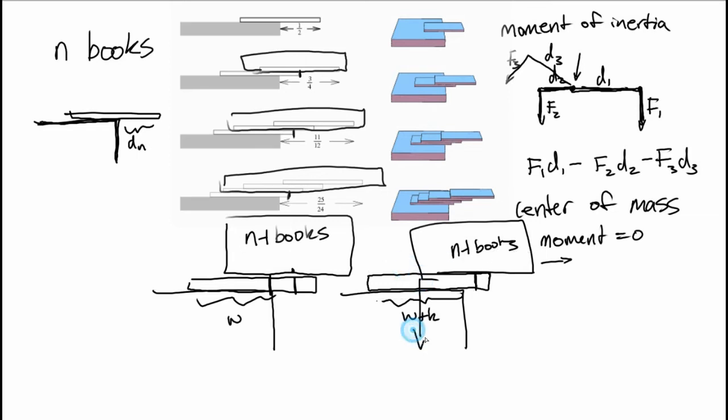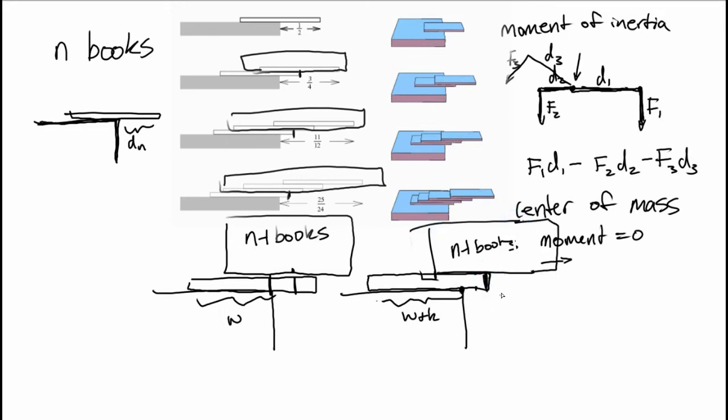So the moment of inertia, the force has increased, and the distance has increased on this side of the edge of the table, because w plus k is the force, and the distance has increased because we shifted the book to the left. Which means that we can also increase the moment of inertia on the right. So we can shift n-1 books to the right and increase the moment of inertia and balance it out so that the center of gravity is on this. So we can actually shift it this way so that the center of gravity is like this.